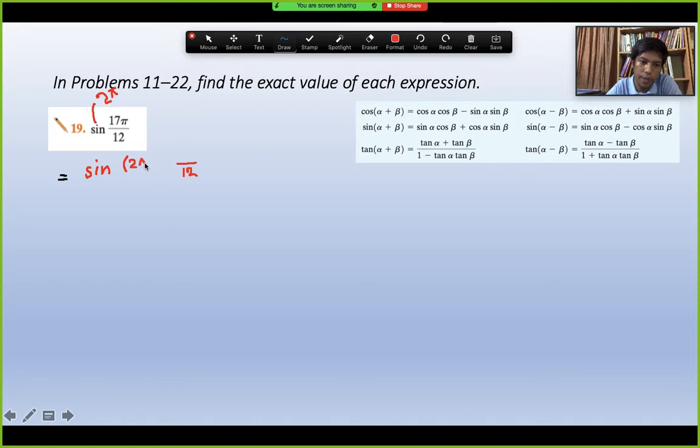Let's write here 2 pi. But you see, when you write 2 pi here, since this is the denominator, 2 into 12 means 24. So it becomes 24 pi already, because it is denominator. So later if we keep plus here or minus here, doesn't matter, it will become 24 because this is a 12. You have to multiply it, right? That's why. Now to get 17 pi, we will have to minus here. So 2 pi, that means this is actually 24.